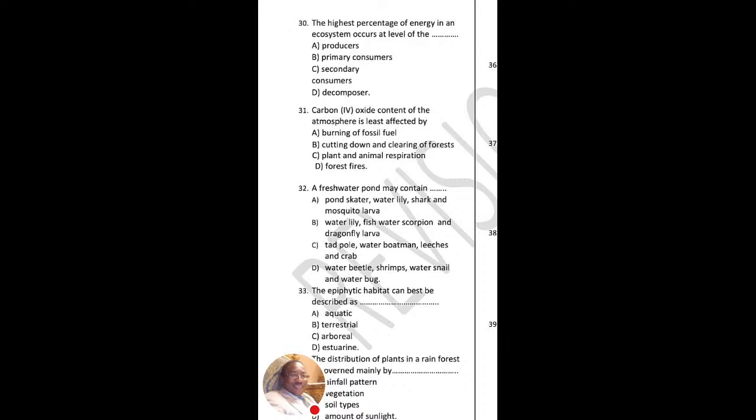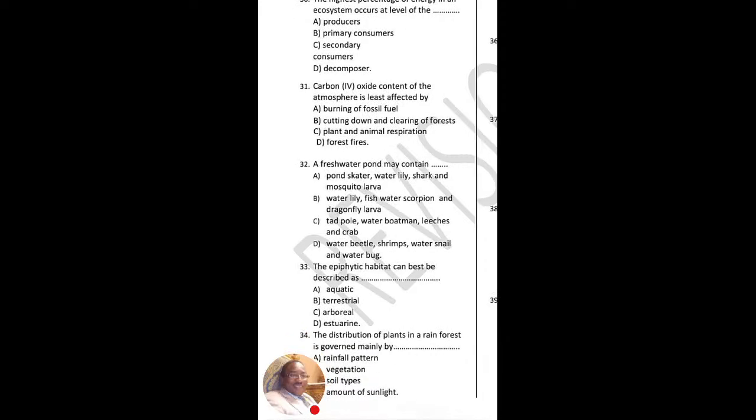We only have water scorpion. It could be a typographical error, but if you look at it, we can pick option D: water beetle, shrimps, water snail, and water bug. That's where the likely answer is. Option D is the correct answer there.